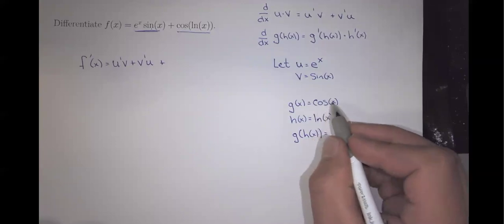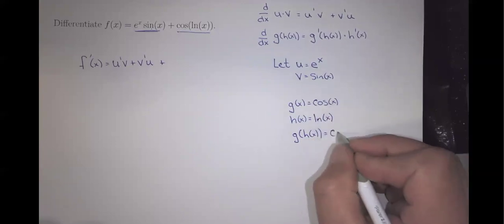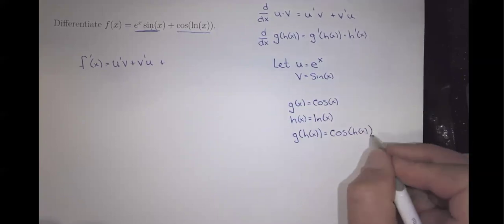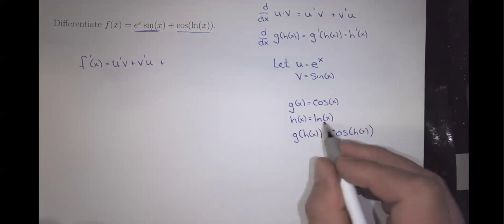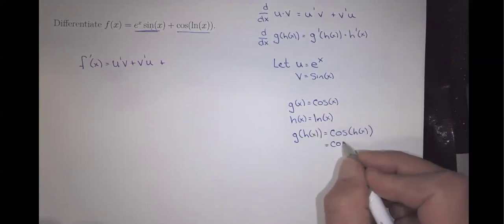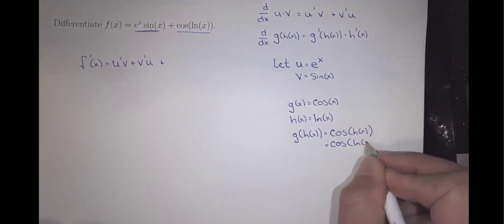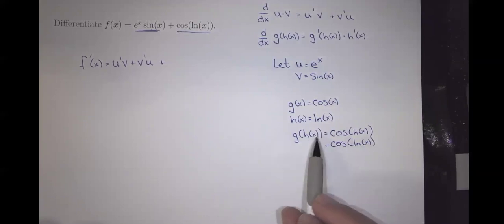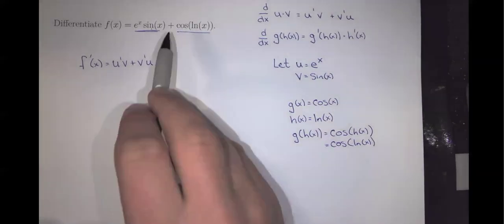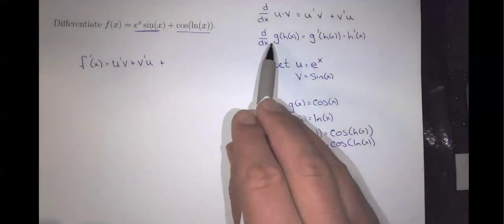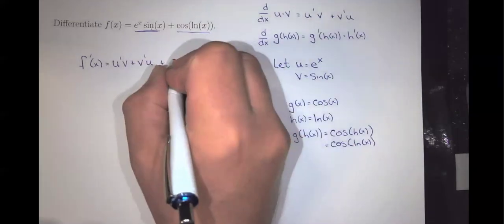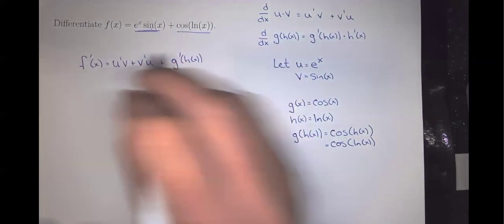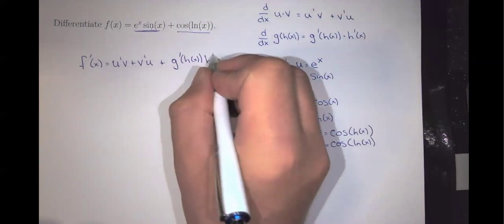So it'll be cosine of h of x, and h of x is natural log of x. So our g of h of x is the same as our cosine of log of x, and we know the derivative of g of h of x is g prime of h of x times h prime of x.